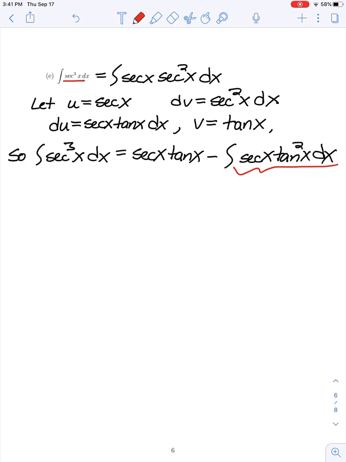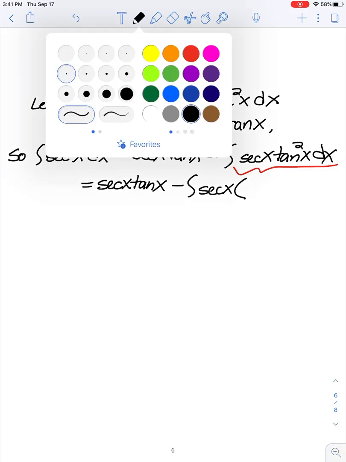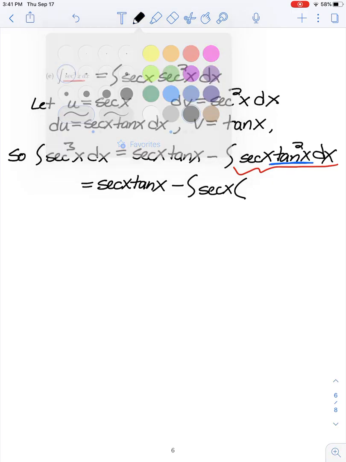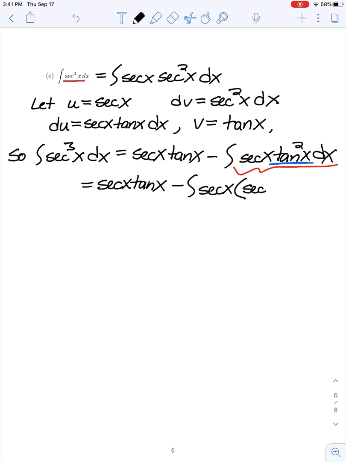So in that third case, we were told to rewrite tangent squared x. So this part of my integrand, which is tangent squared x, I'm supposed to rewrite as secant squared x minus 1. And then I still have my dx on the end.